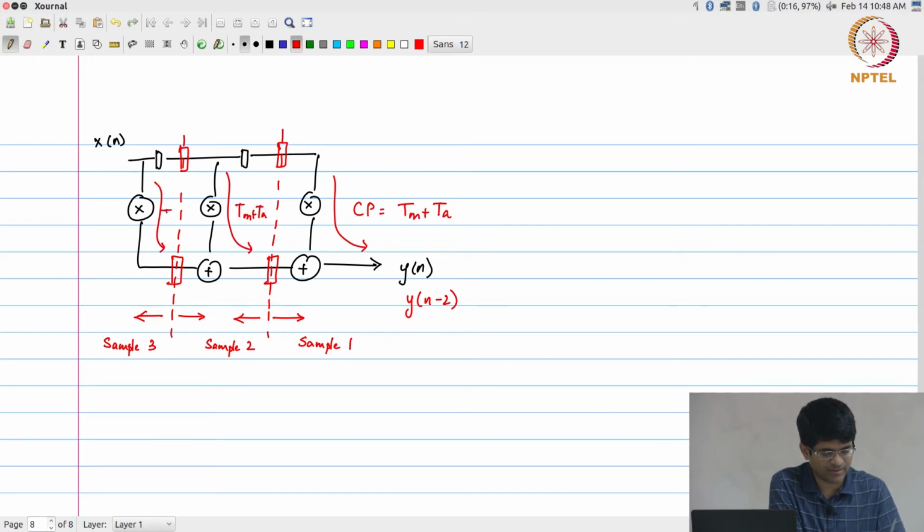This has reduced to Tm, but the problem over here is there is at least one path which has Tm plus Ta, and that is going to be the ultimate critical path as far as my overall circuit is concerned. So, yes, this improved matters, but it has not improved things as much as I would like. Part of the reason for that is I chose the wrong lines for doing my pipeline separation. Let us see if I could have done it slightly differently.